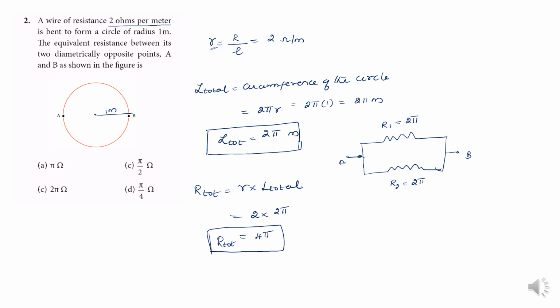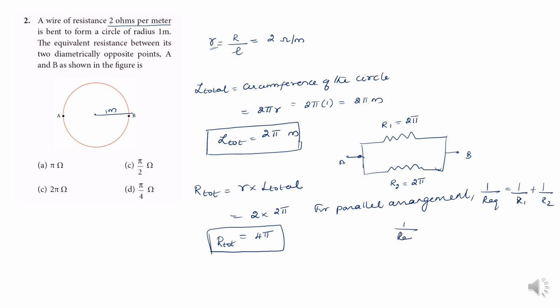So for parallel arrangement, the equivalent resistance is given as 1 by R equivalent is equal to 1 by R1 plus 1 by R2.